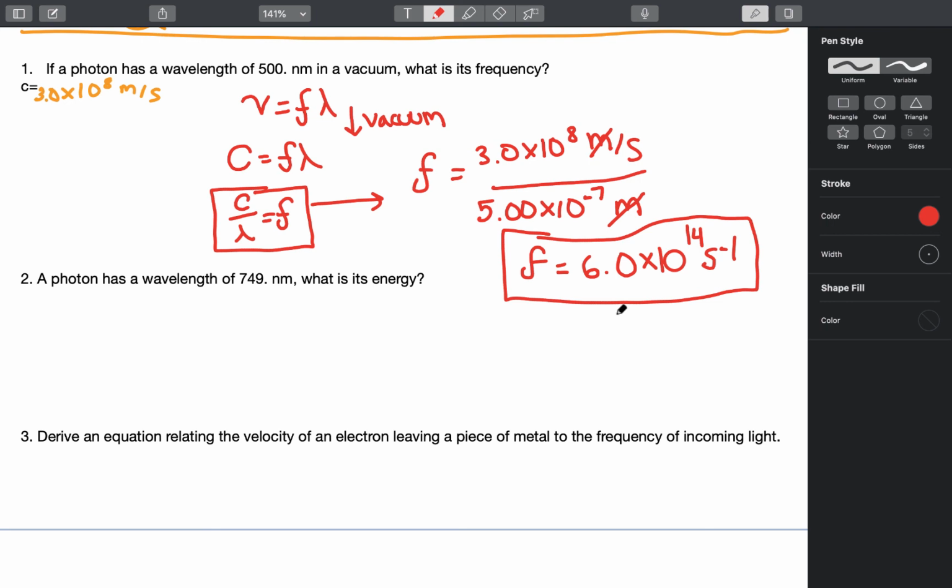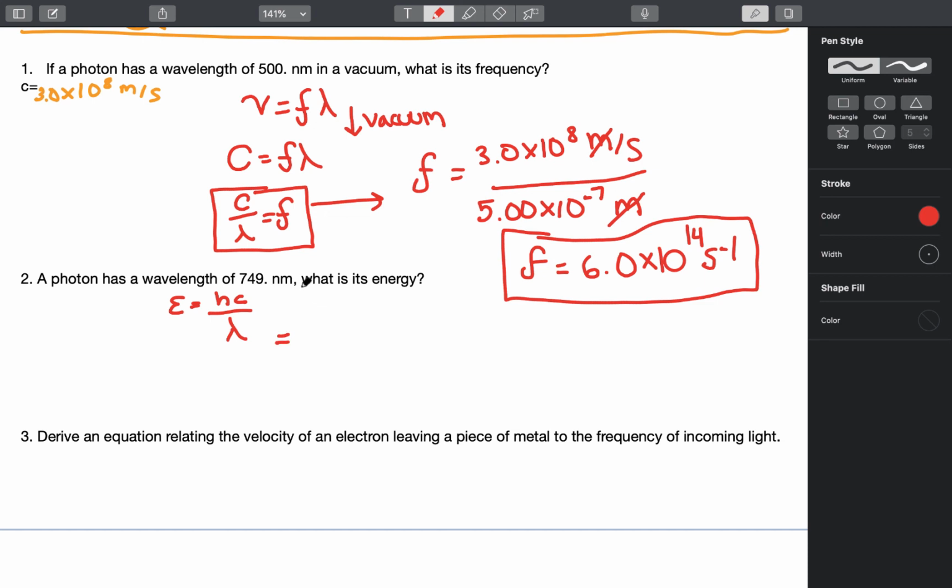So in the next question, a photon has a wavelength of 749 nanometers. What is its energy? Since we're only talking about a single photon, we can use E equals hc over lambda. So then we can just do a plug and chug.